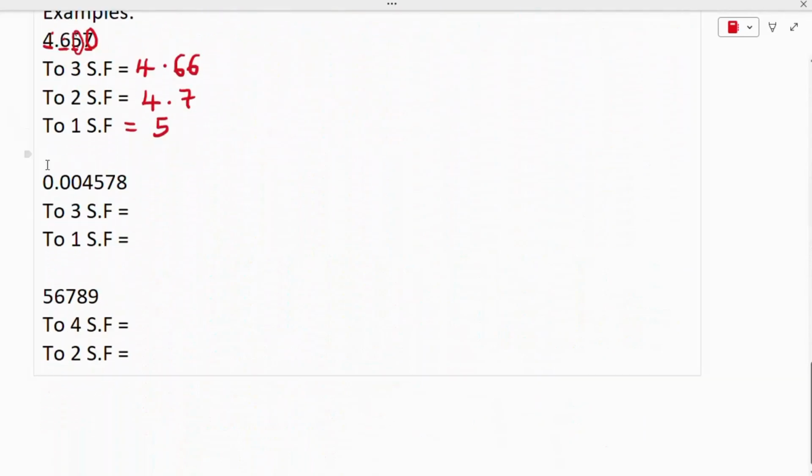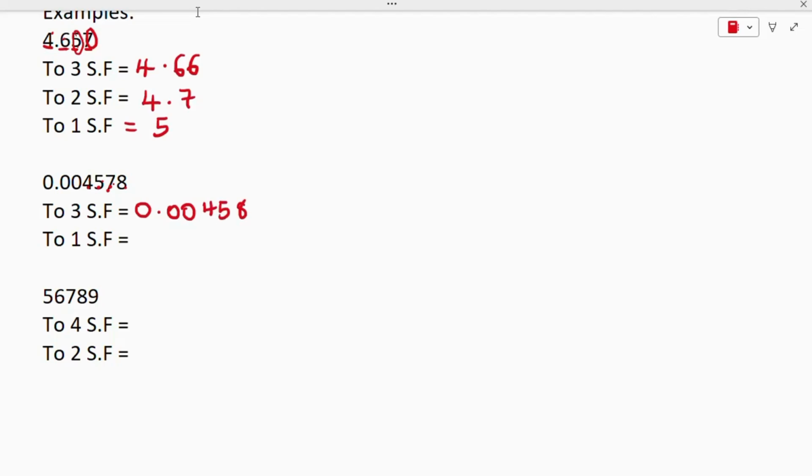So if we apply this, we know that the significant figures we are working with are 4, 5, 7, and 8. So to 3 significant figures, we simply write out 0.00, and then we have 1, 2, and 3. You take a look at the digit after the last significant figure, and we have this to be 8, and it is said that if it is 5 or more, you round up by adding 1. So if you add 1 to 7, this is going to become 8.